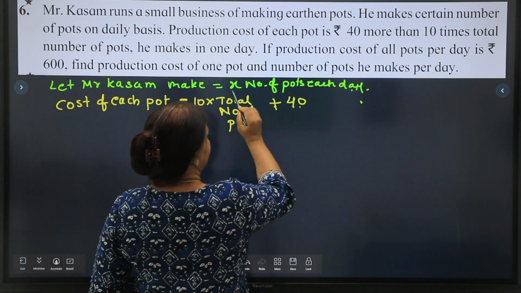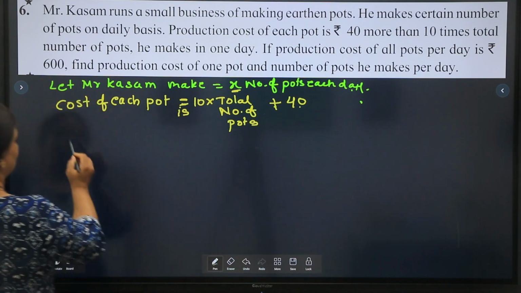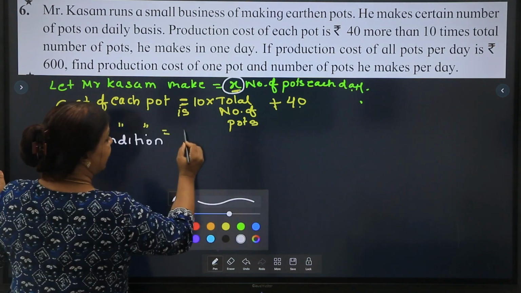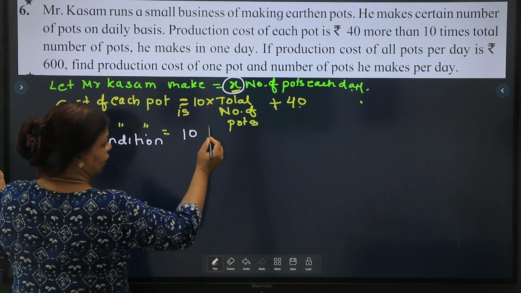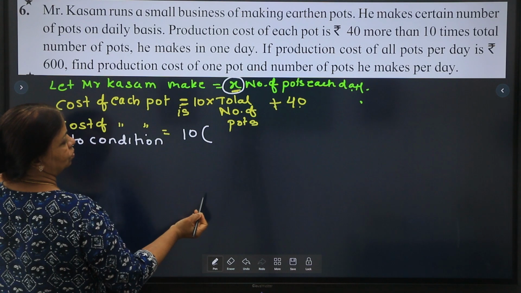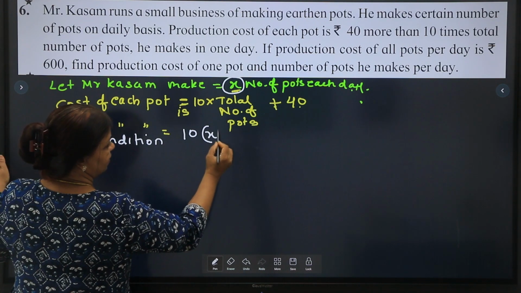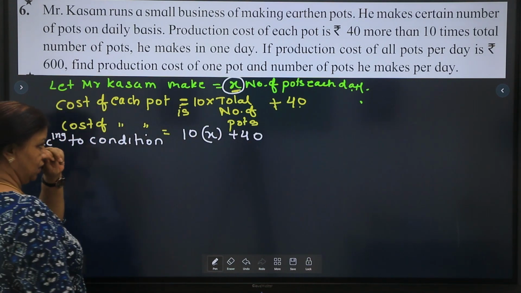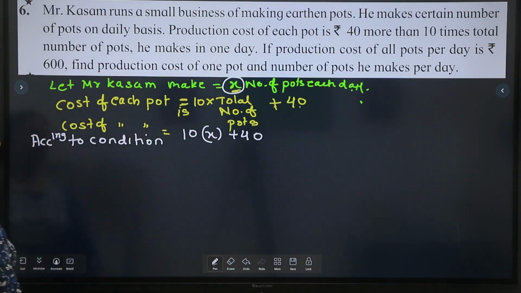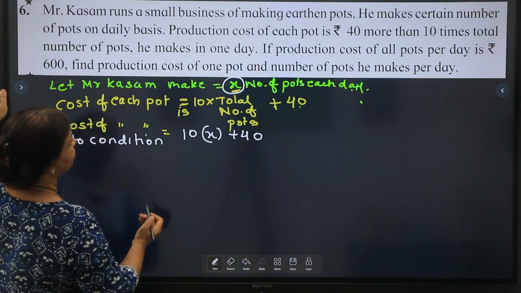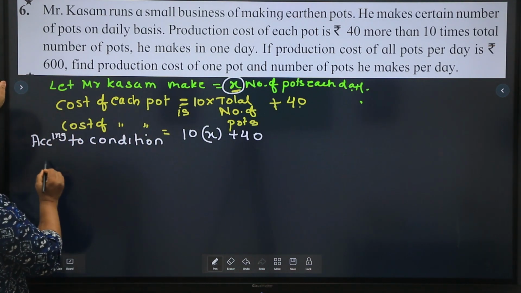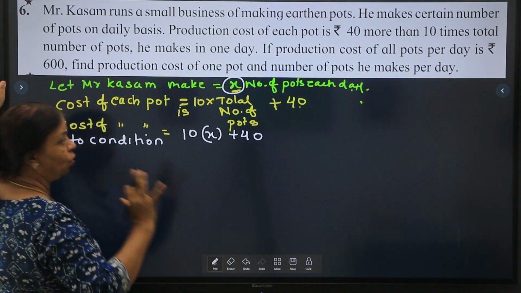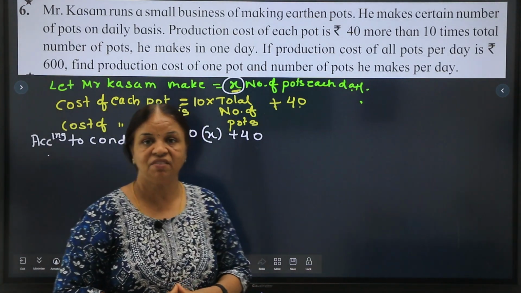So what we have assumed: let X be the number of pots he prepares each day, meaning total number of pots is X. So the cost of one pot will be 10x plus 40. This is the cost of one pot, 10x plus 40, and according to the condition, 600 rupees is the cost of the total number of pots he prepares in one day.